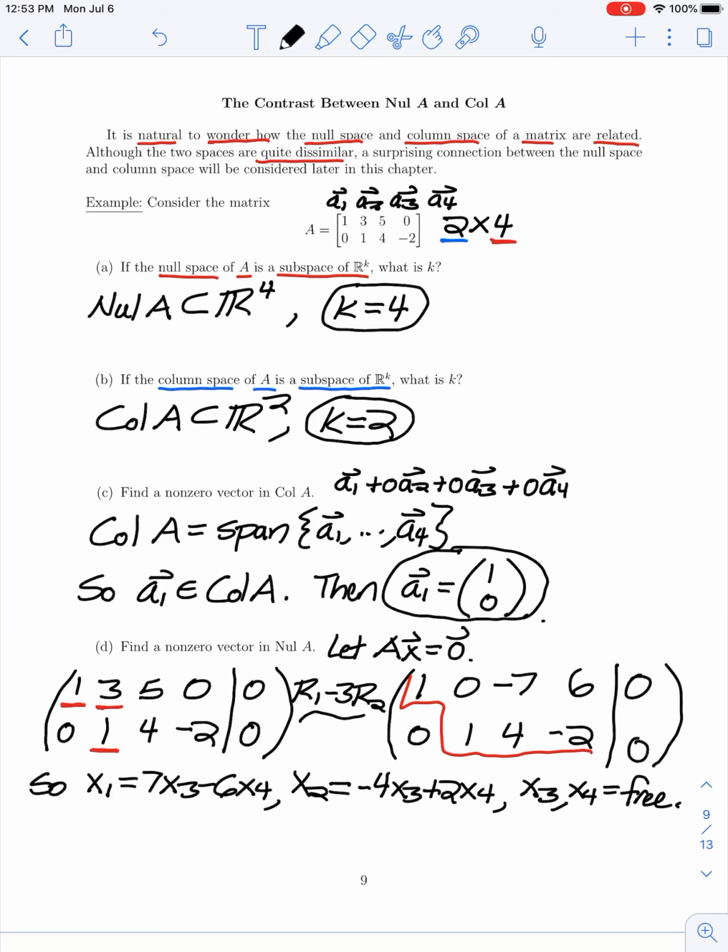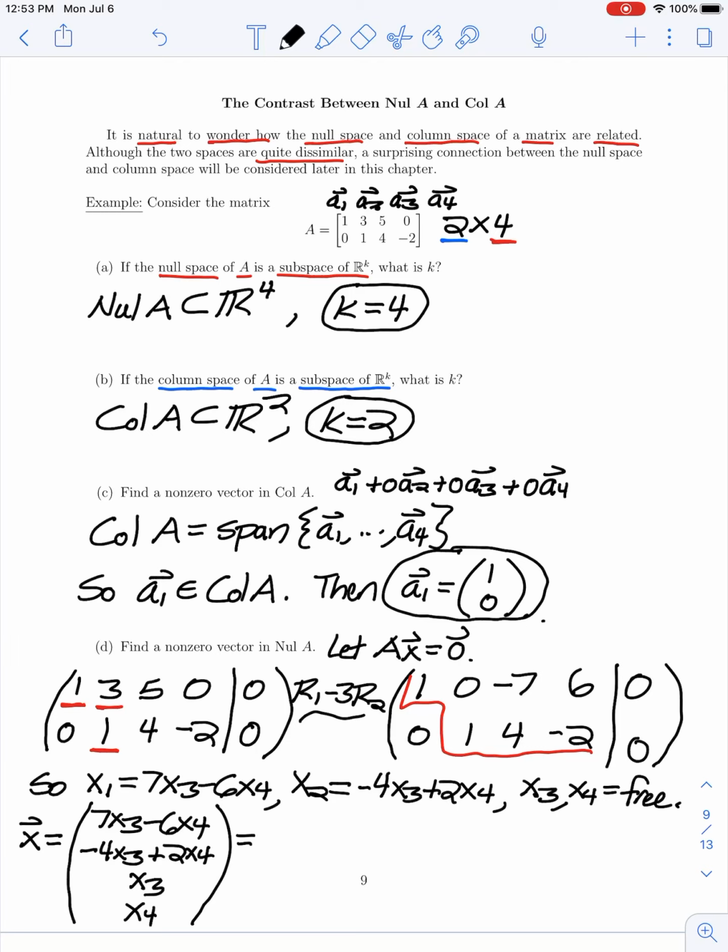Our solution set would be the set of vectors x of the form where x1 is equal to 7x3 minus 6x4, x2 is negative 4x3 plus 2x4, and then x3 and x4 are free.